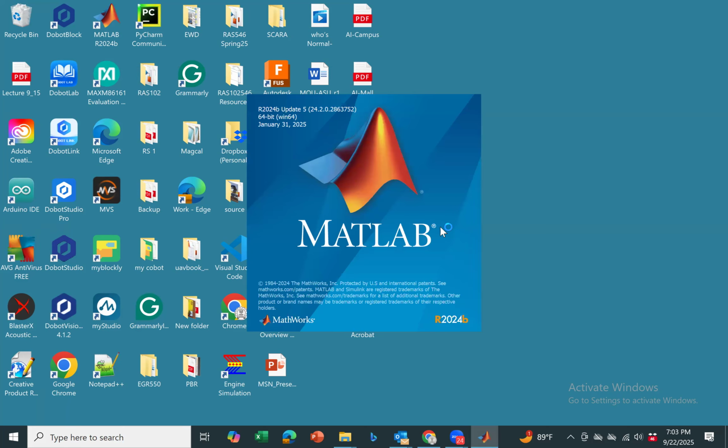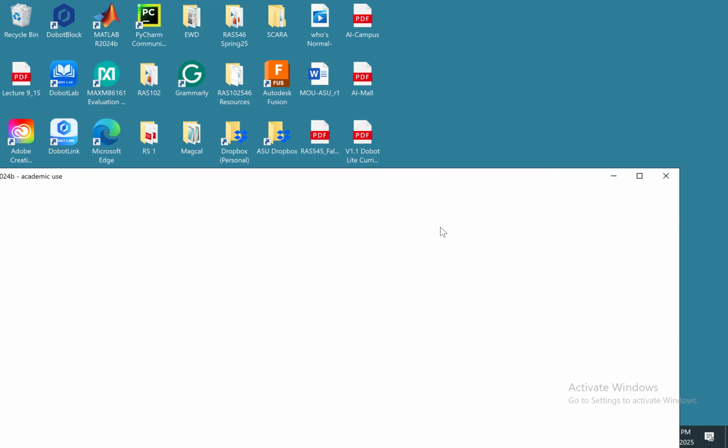Can anyone tell me what are the values of A1, A2, and A3 for DoBot? Okay, which means we can solve the assignment in class.